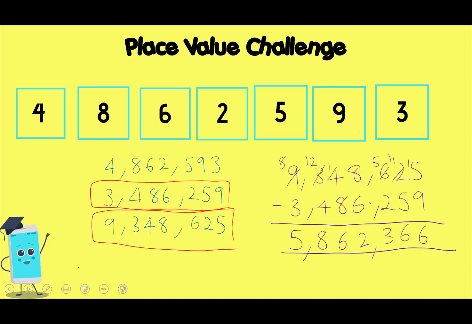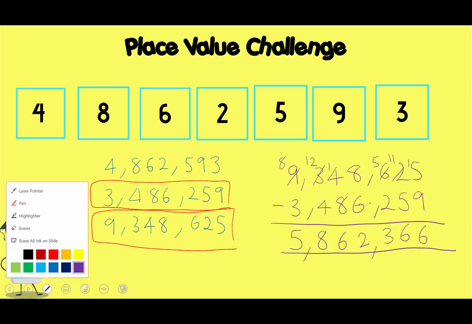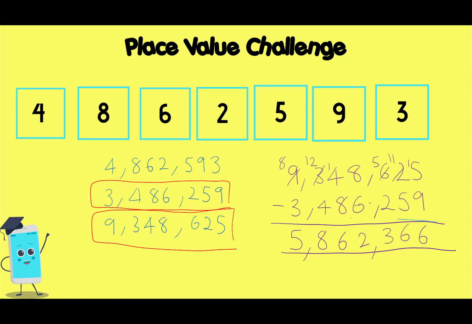So with my examples, the difference between my largest number and my smallest number was 5,862,366. But as I said, these are not the largest and smallest. So I'd like you to find the largest and smallest numbers from the digits on your worksheet.